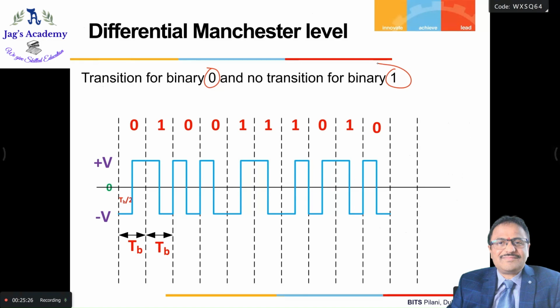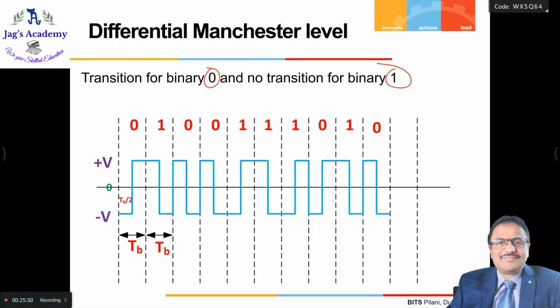It changes the level. In polar NRZ Mark, what's happening? Level is changing, right? Whenever there is a 1, level is changing, right? Have you understood? Okay. Similarly, polar NRZ-S is the reverse of NRZ.